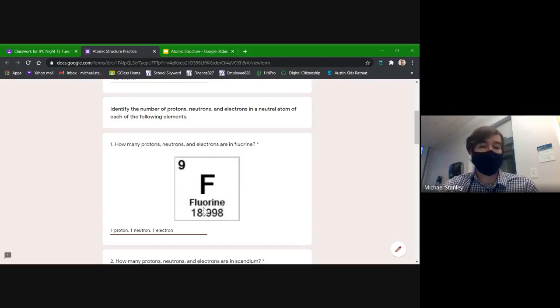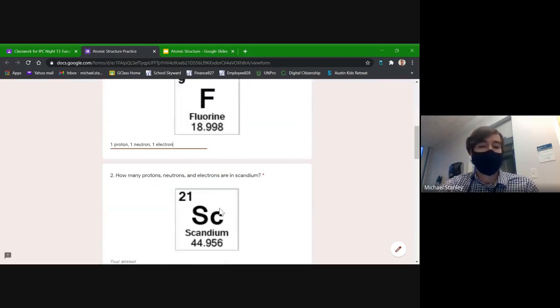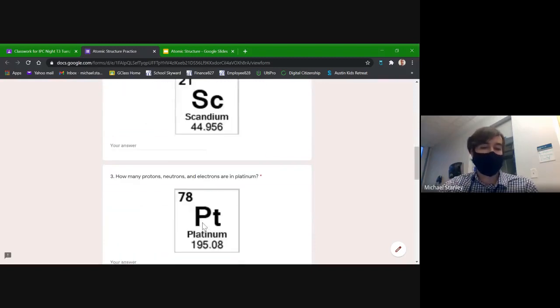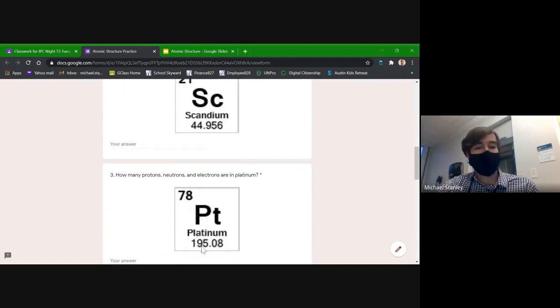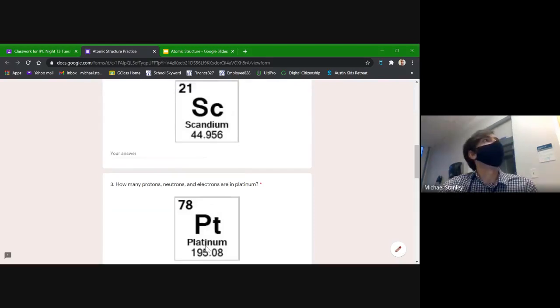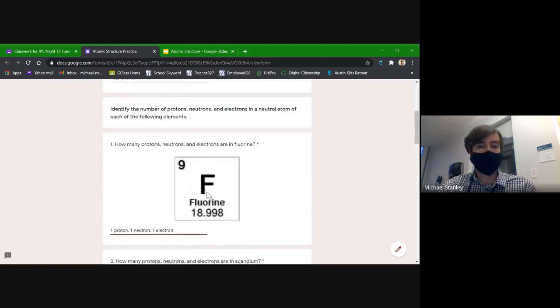So for example, fluorine would have a mass of 19, and scandium would be 45, and platinum be 195, and so on and so forth. So again, you have your atomic number up at the top and the atomic weight at the bottom, which is all you need in order to figure out your number of protons, neutrons, and electrons. So that is what the Google form version looks like. So make sure if you do this version, you write in all 3 of your particle types.